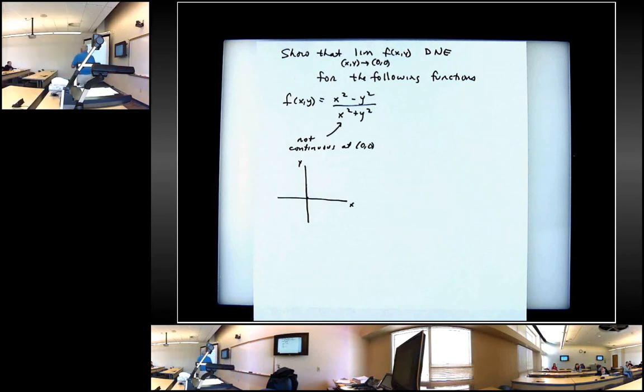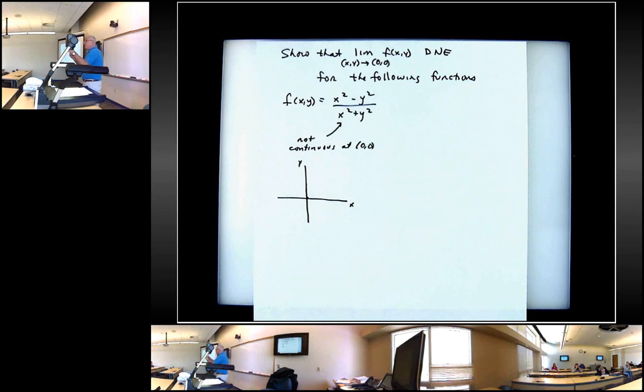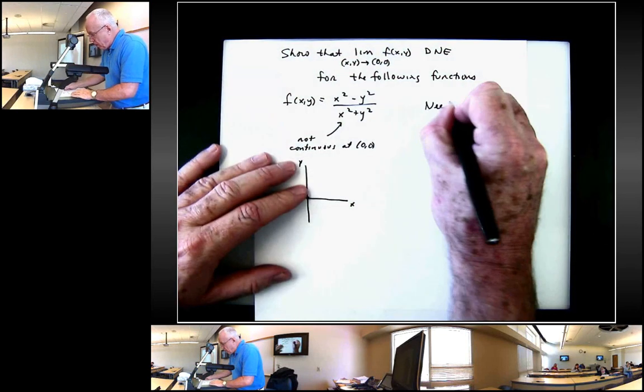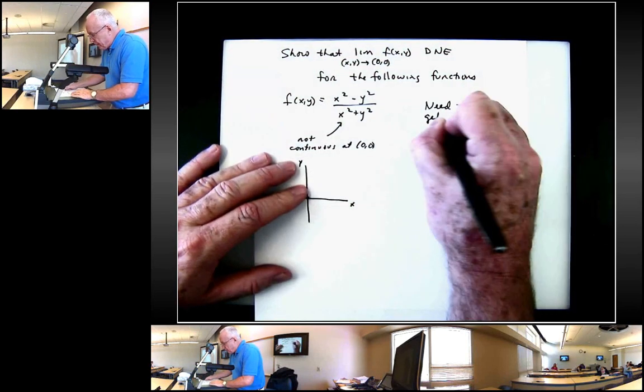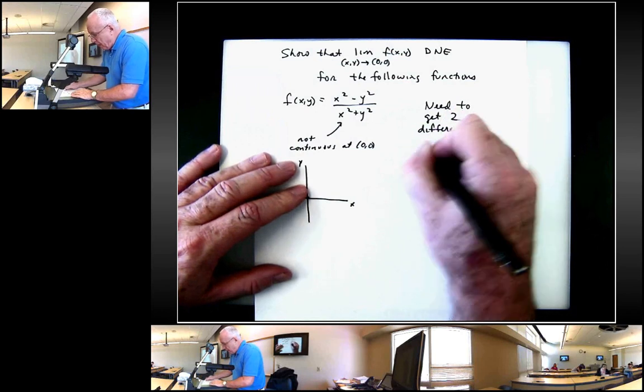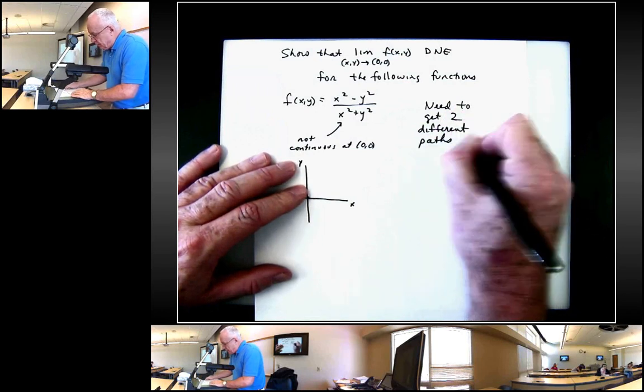Okay, all right. So what you're talking about then is selecting a path. And what we have to find then are two different paths that give us two different limits. So we need to get two different paths that give us two different limits.